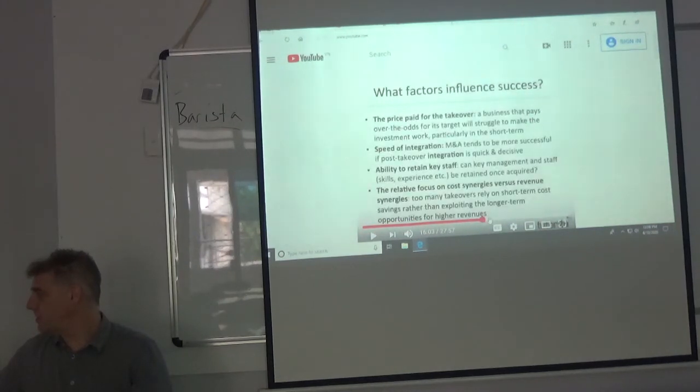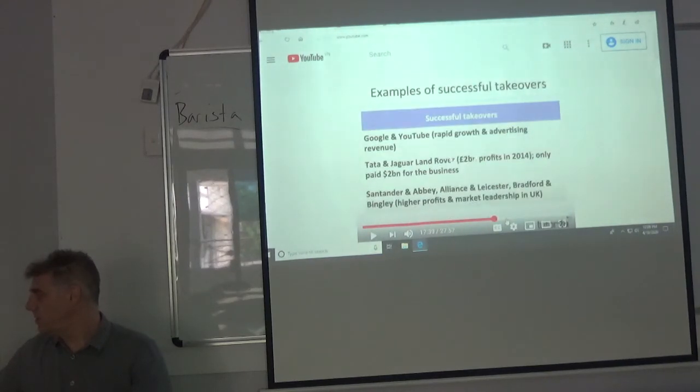What is the measure of success? What factors influence success? Examples of successful takeovers: Google and YouTube, advertising revenue.